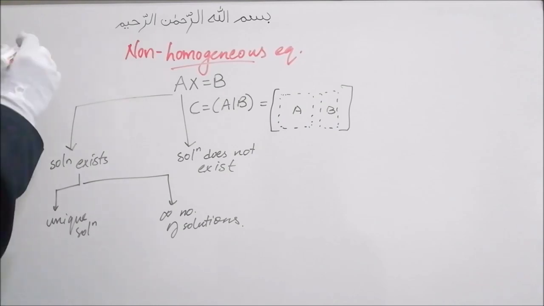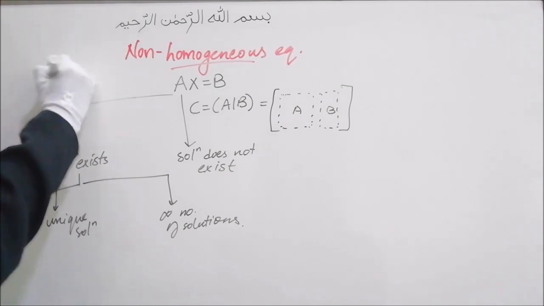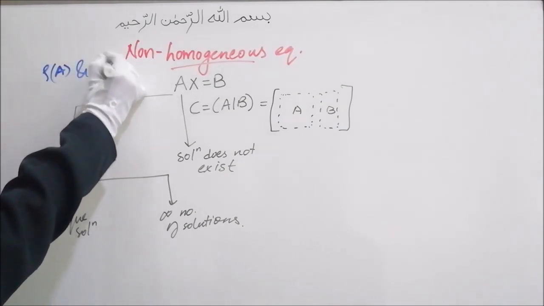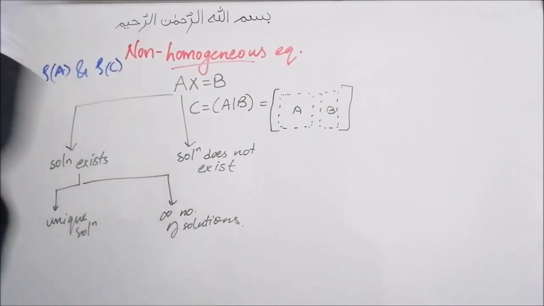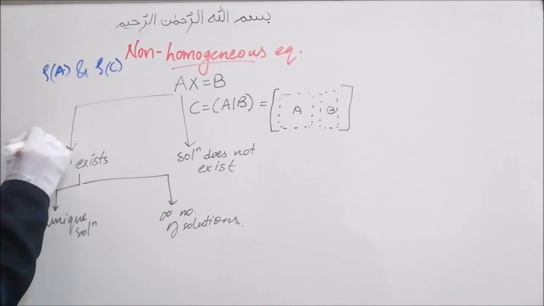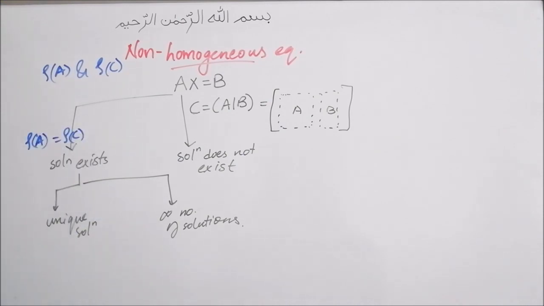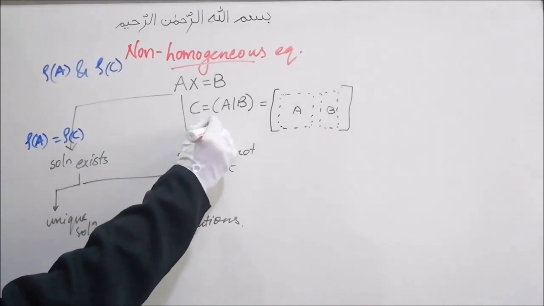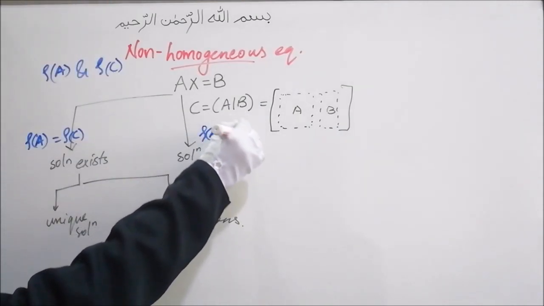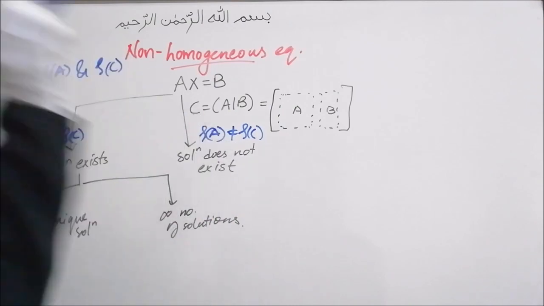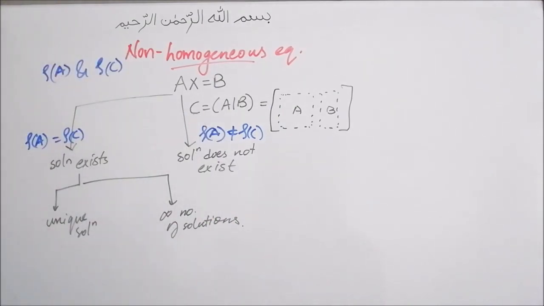So first we will find the rank of A and the rank of C. A is this matrix, C is this augmented matrix. If the rank of A is equal to the rank of C, then our solution will exist. If the rank of A is not equal to the rank of C, then our solution will not exist.